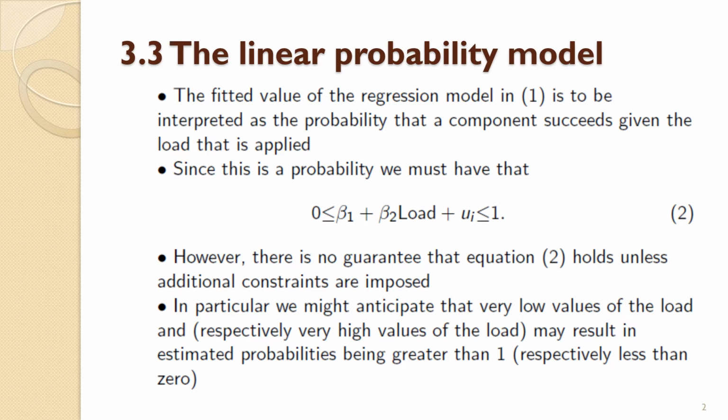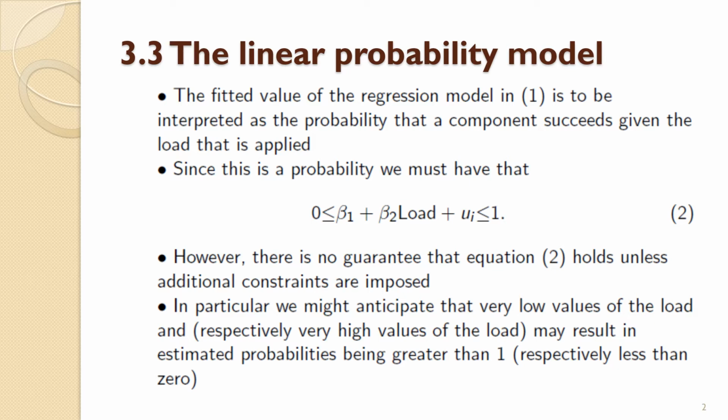And these regression models that we're considering, these probability regression models, actually impose these additional constraints to guarantee that the probabilities that you obtain are sensible estimates. Now if you just have a straightforward regression model, this linear probability model, and you don't make any adjustments in terms of how you calculate probabilities, you can reasonably anticipate that for either very low values of the load or for very high values of the load, you get non-sensible probabilities.